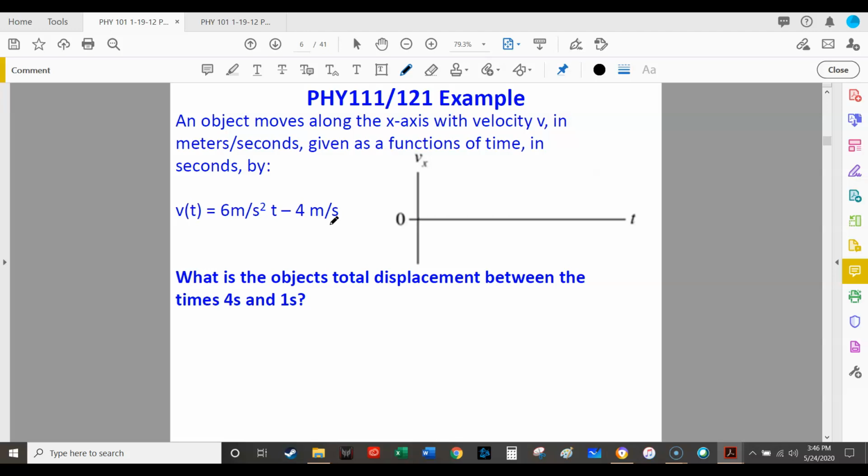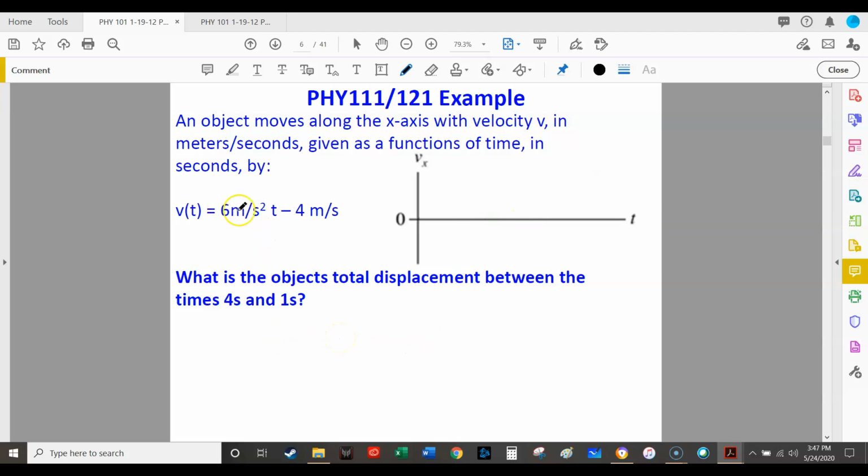Okay? So take a moment, pause the video, translate this equation to a velocity versus time graph. And then find the integral of that. It'll probably be a triangle. Okay? And then after that, if you're in Physics 121, I want you to, on top of that, integrate this equation right here to double check your work as far as the area of that triangle.